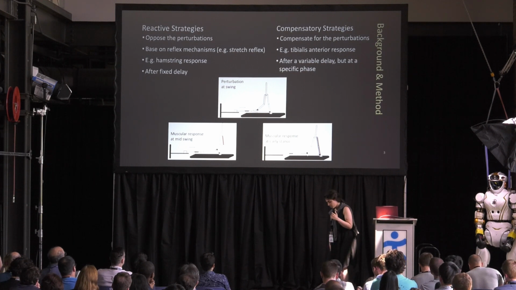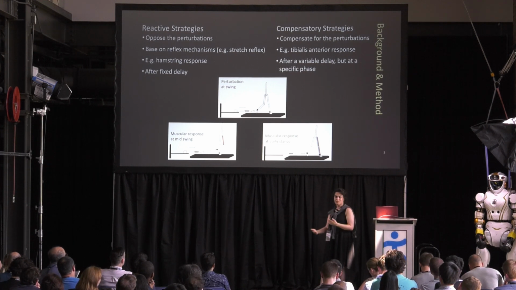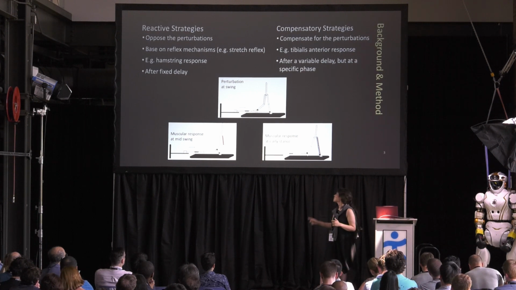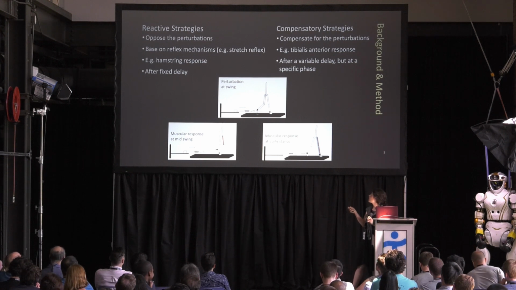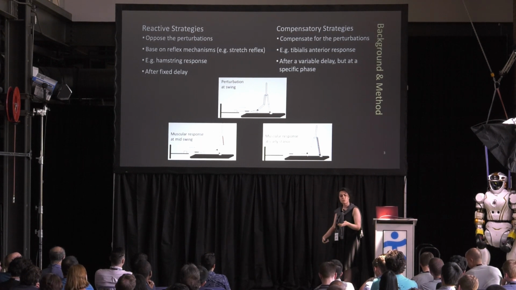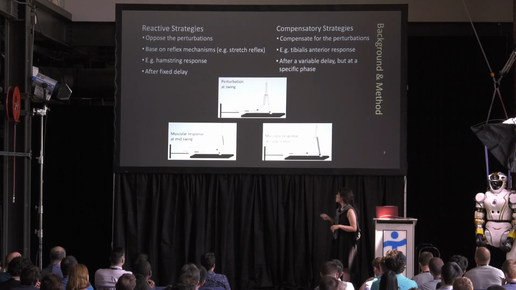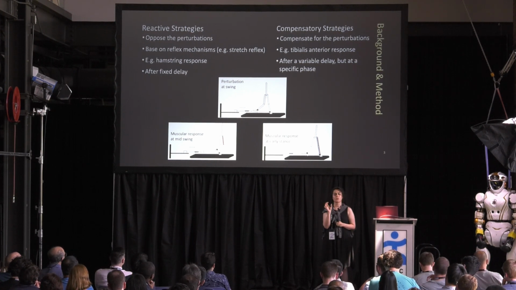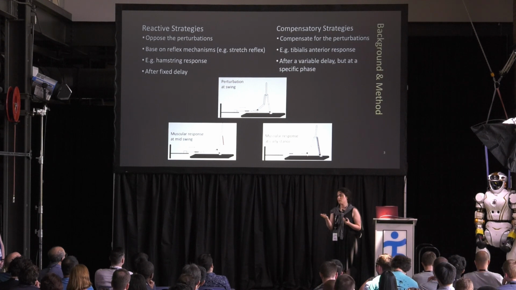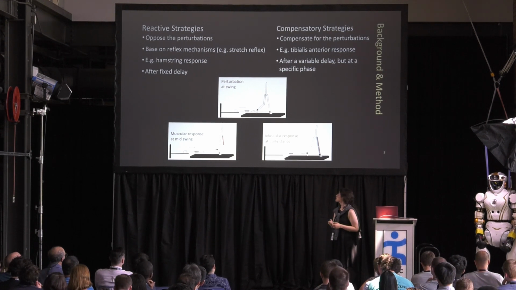For instance, when you push the foot forward during early stance, the hamstring muscles at later stance get activated to help bring the foot back. And this happens after a fixed delay because it takes advantage of reflex mechanisms.